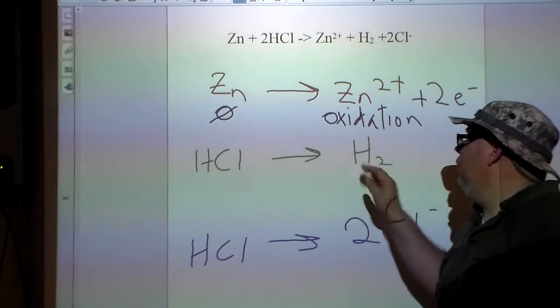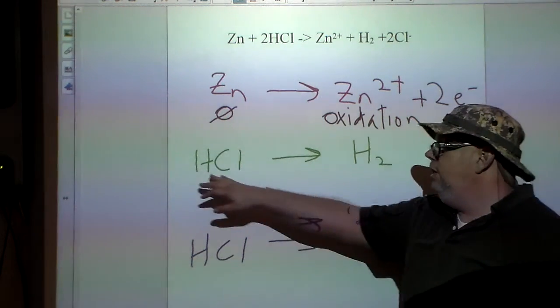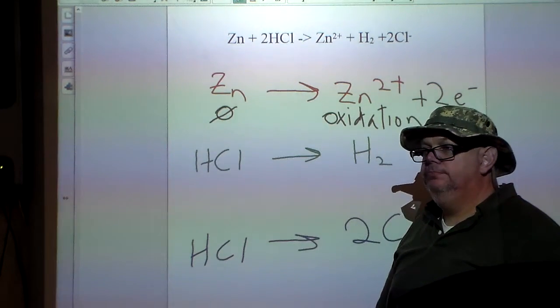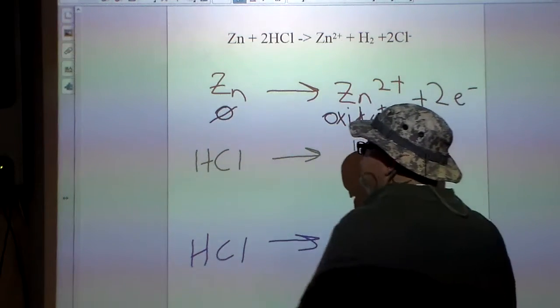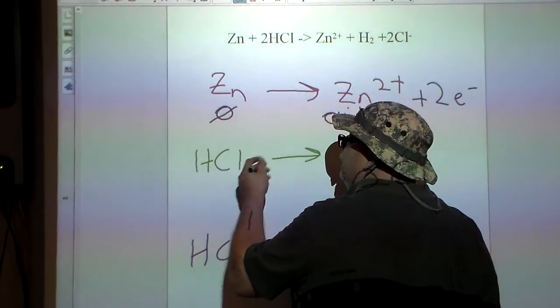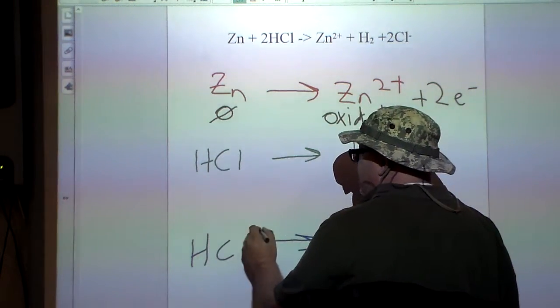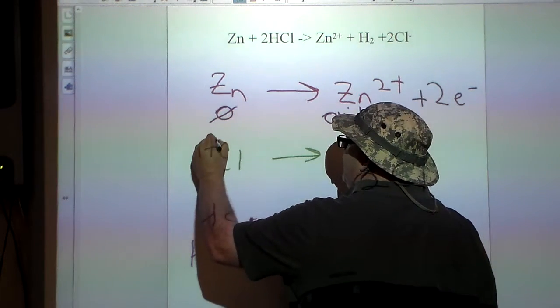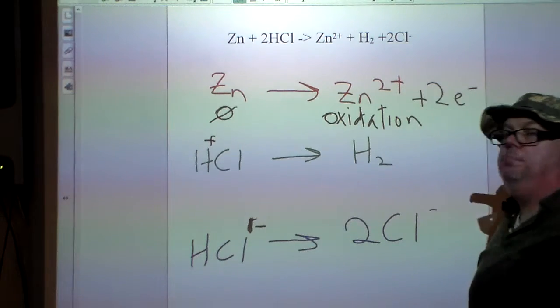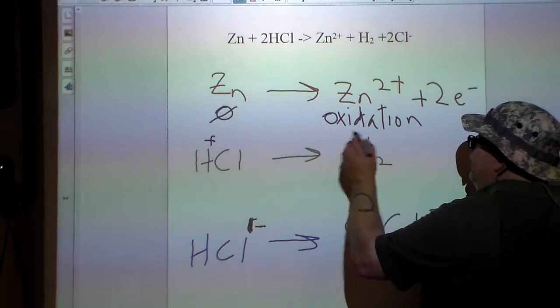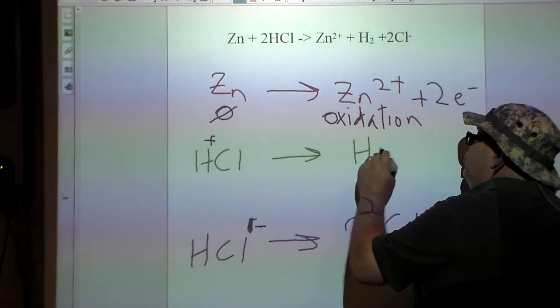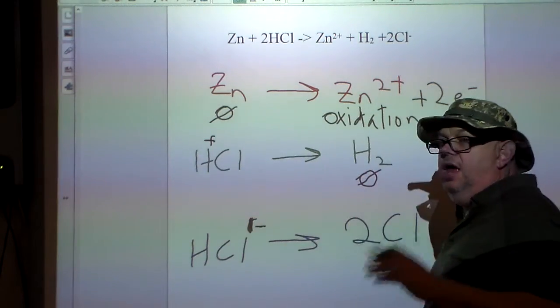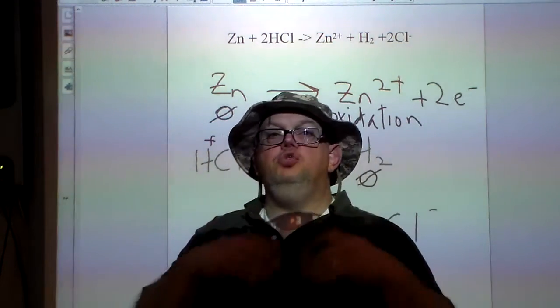Now let's look at HCl going to H2. Well, what is the charge on the HCl? The charge on the Cl, according to the rules, would be a -1, right? And we can bring that down here for a -1. Here for the H, we have a +1. Now we go over to here, and notice you don't have a charge here because the hydrogen is found in its natural form.